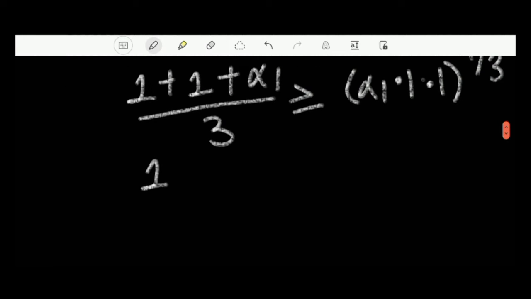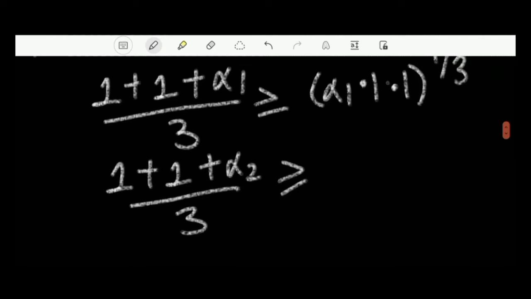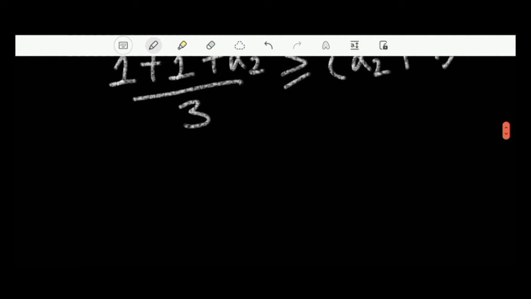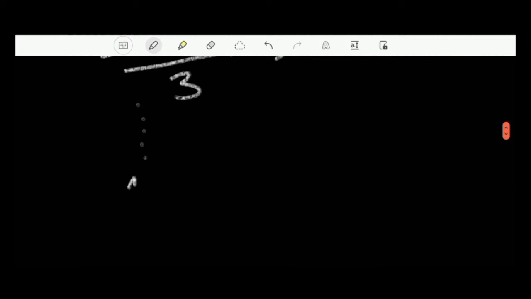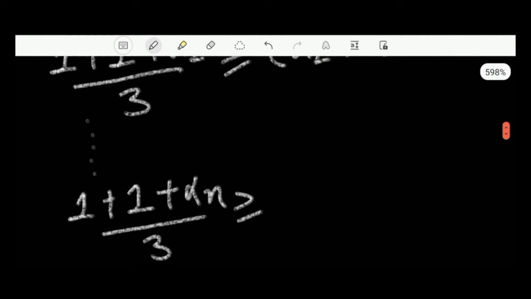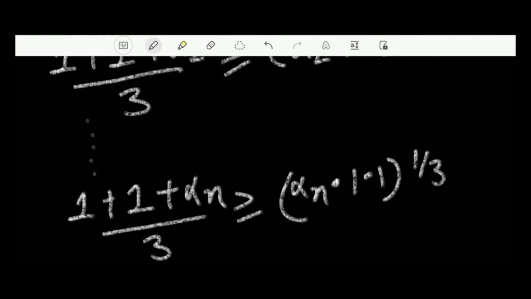Similarly, for our next term, 1 plus 1 plus alpha 2 divided by 3 is greater than or equal to alpha 2 multiplied by 1 multiplied by 1 raised to the power 1/3, and it goes up to 1 plus 1 plus alpha n divided by 3 greater than or equal to alpha n into 1 into 1 raised to the power 1/3.